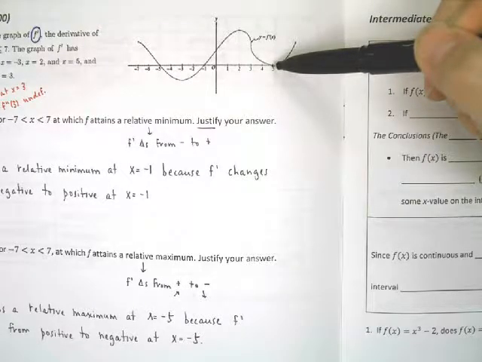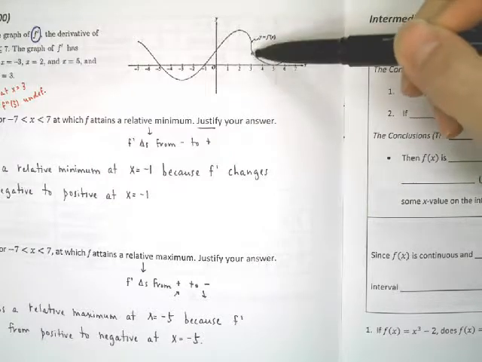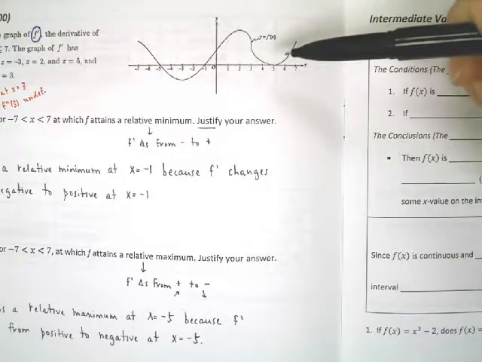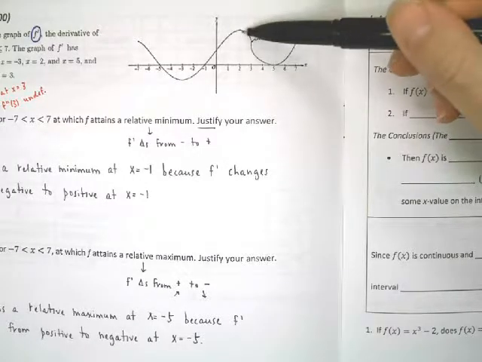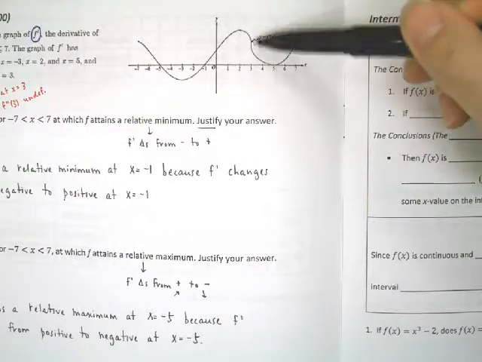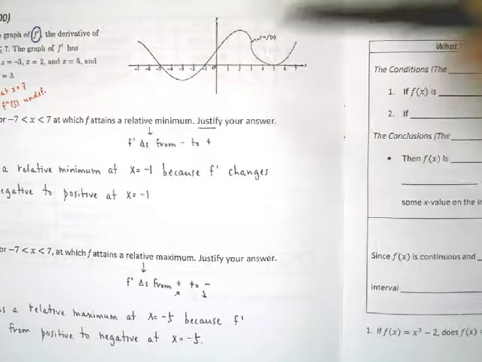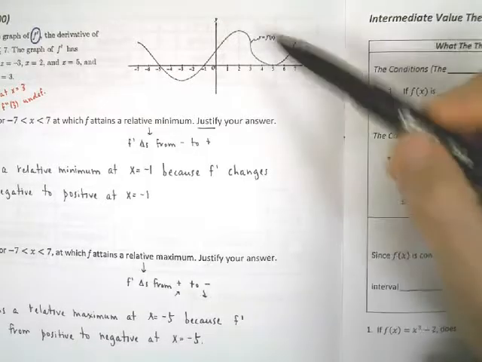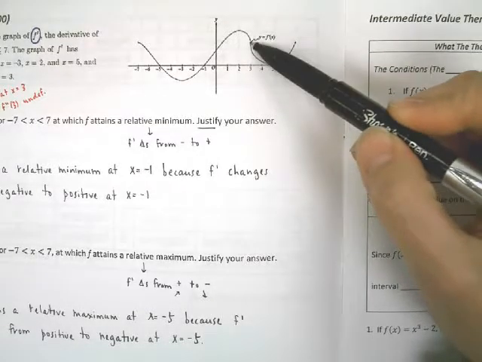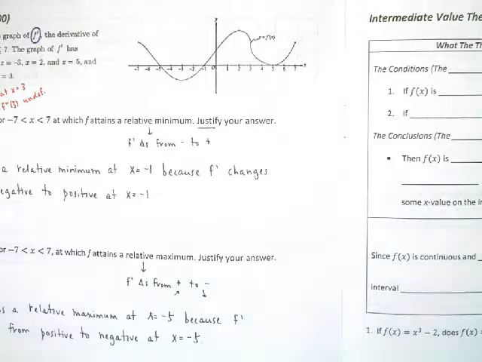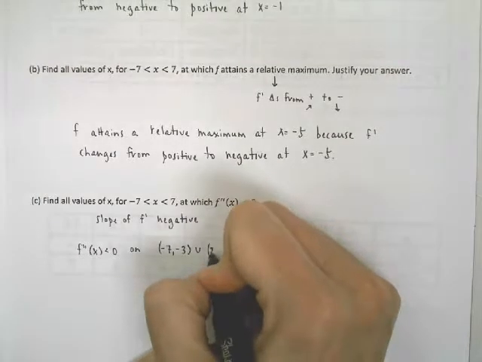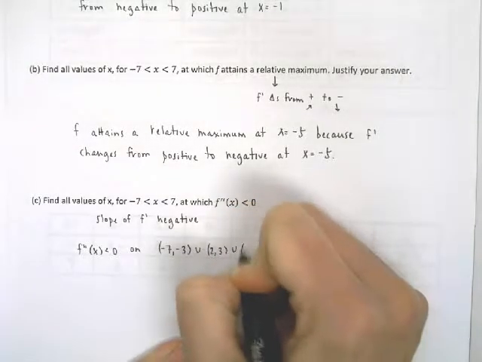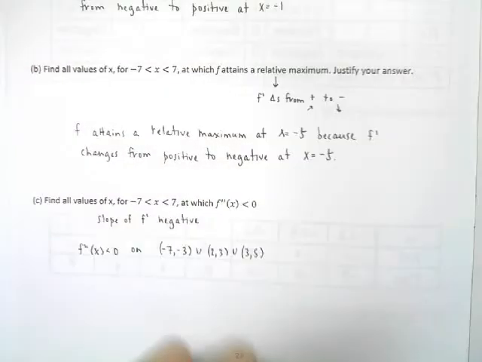I'm not going to write that as one single interval because we already said that it's not differentiable at x equals 3 because of that vertical tangent. That derivative doesn't exist there, so I need to break this up into two intervals, from 2 to 3 and then from 3 to 5. I'm breaking that up because the second derivative doesn't exist at x equals 3. So we're going to add our intervals 2 to 3 and then 3 to 5.